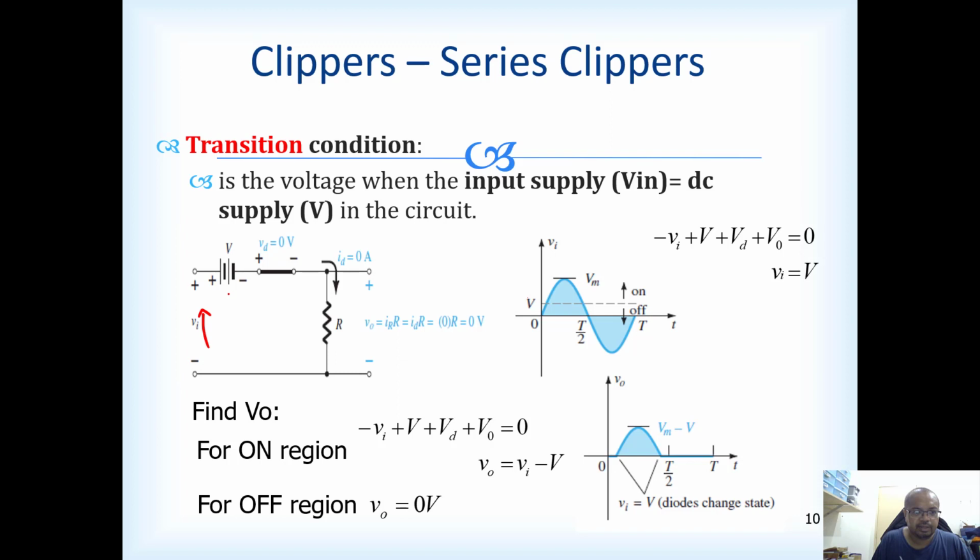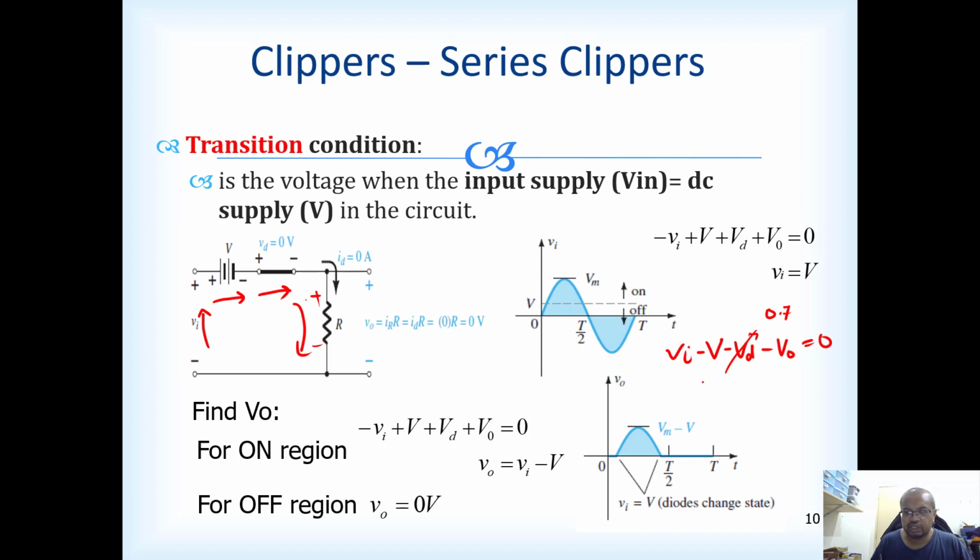Vi minus V minus VD, so the output will be like that, minus Vout equals 0. If you're looking for VD at the transition point, this VD is 0, or at least 0.